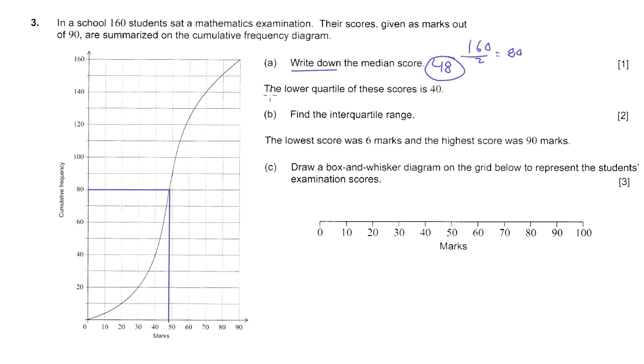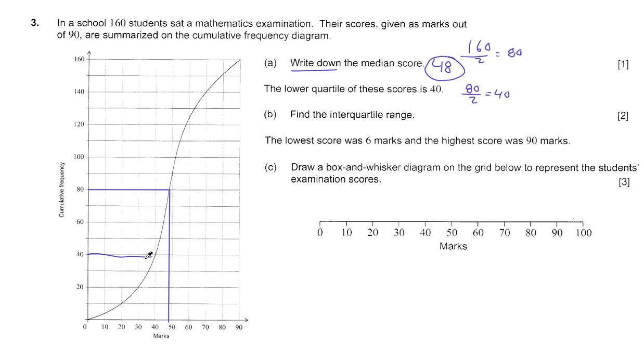Next info it gives us is that the lower quartile of these scores is 40, which should hopefully make sense, because if the median was 80, to find the lower quartile, you take half of the 80, right, which is 40. So then you'd go over here to 40 and then draw a straight line.